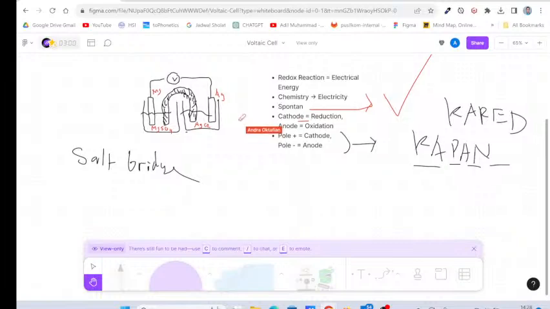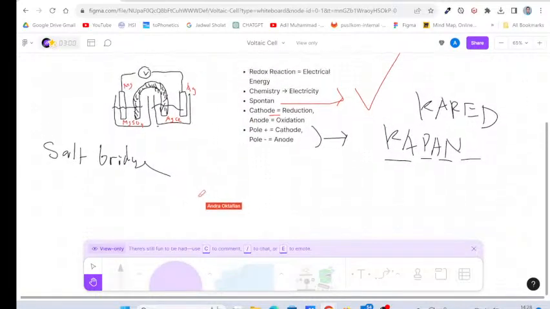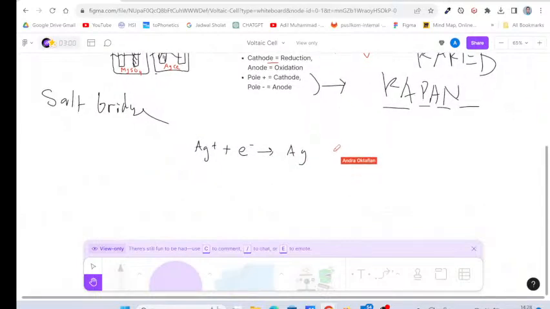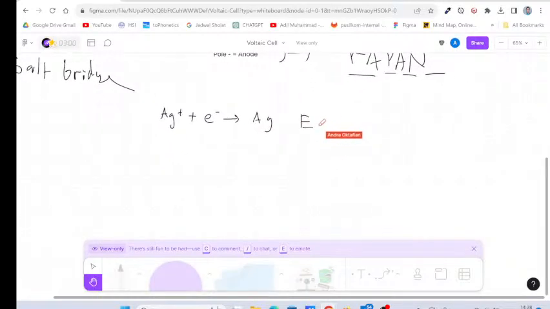Ag plus plus one electron is Ag, and the EV, or the voltage of this cell reaction, is 0.8 volt.